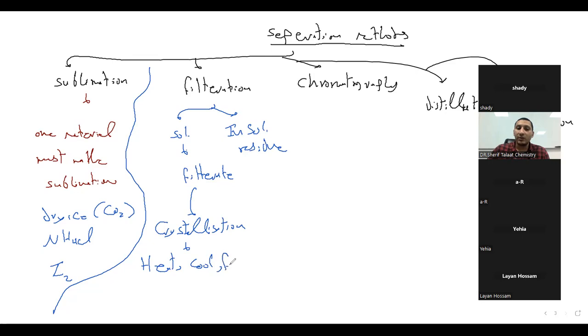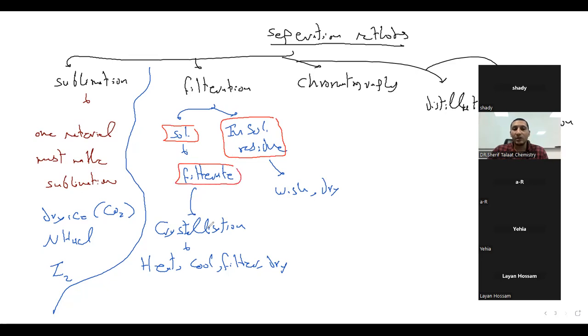To obtain residue: wash with distilled water, then dry. So filtration depends on soluble and insoluble particles. The soluble one is called filtrate, the insoluble is called residue. Filtrate by crystallization, heat, cool, filter, dry. The residue by wash, then dry.